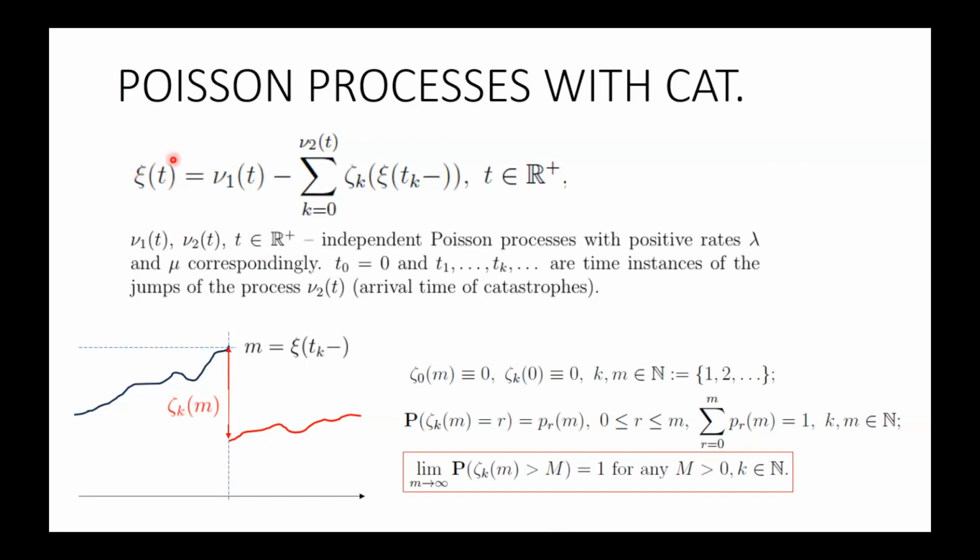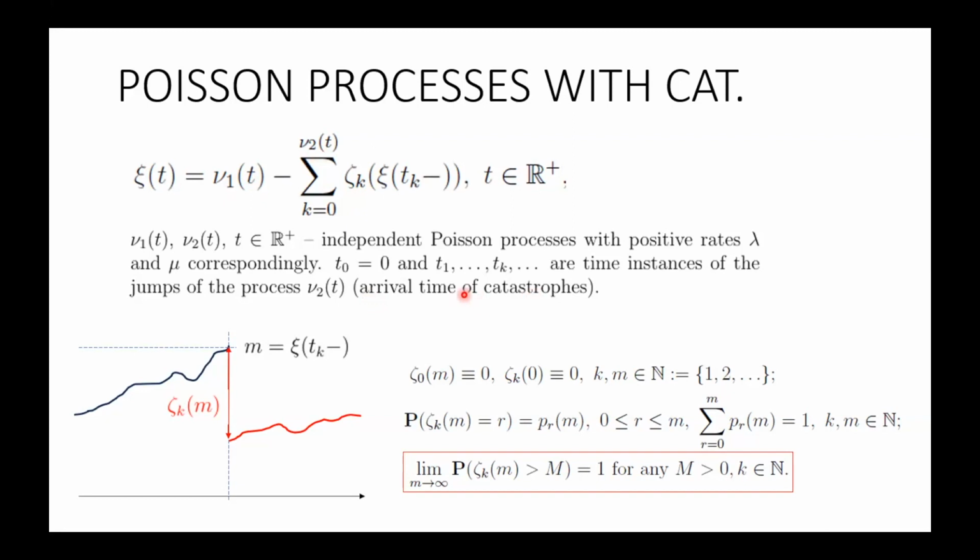Xi, our process with catastrophes, is defined by the difference between N1 and N2, two independent Poisson processes with positive rates lambda and mu. So N1, with rate lambda, is the growing part of the process. And N2 is responsible for the arrival times of catastrophes.